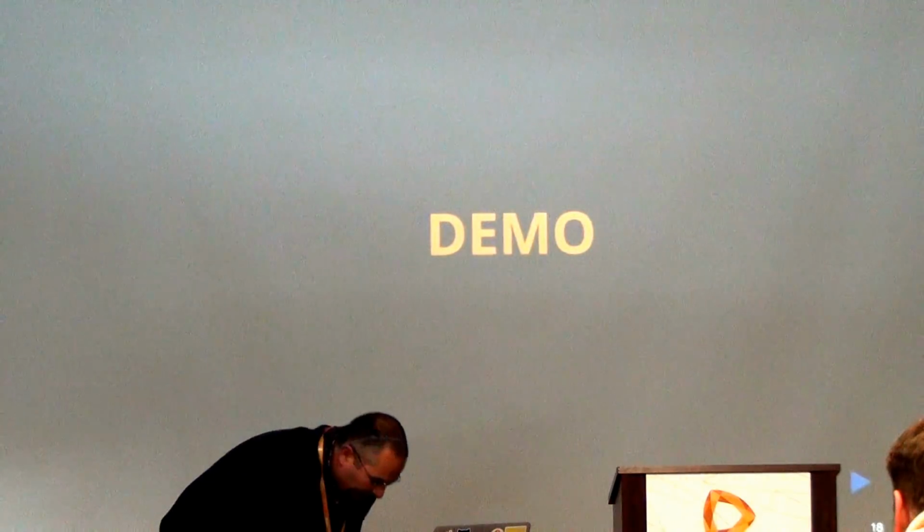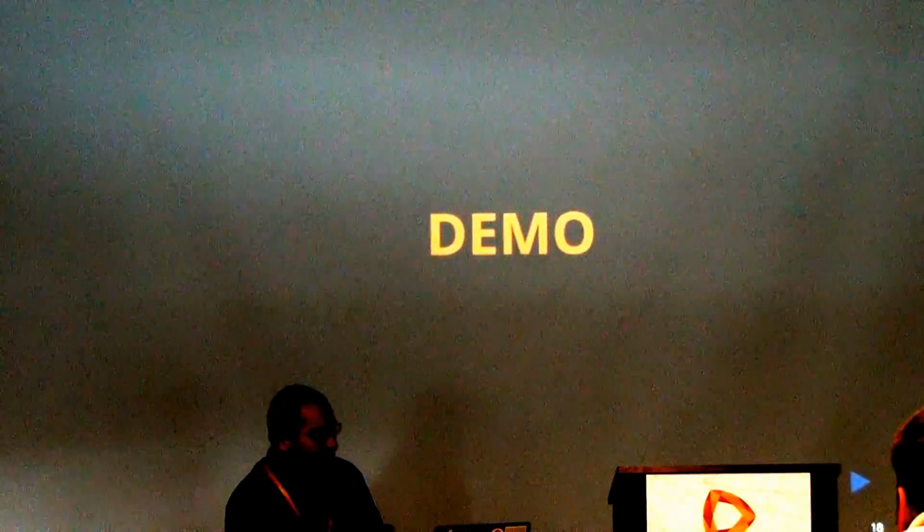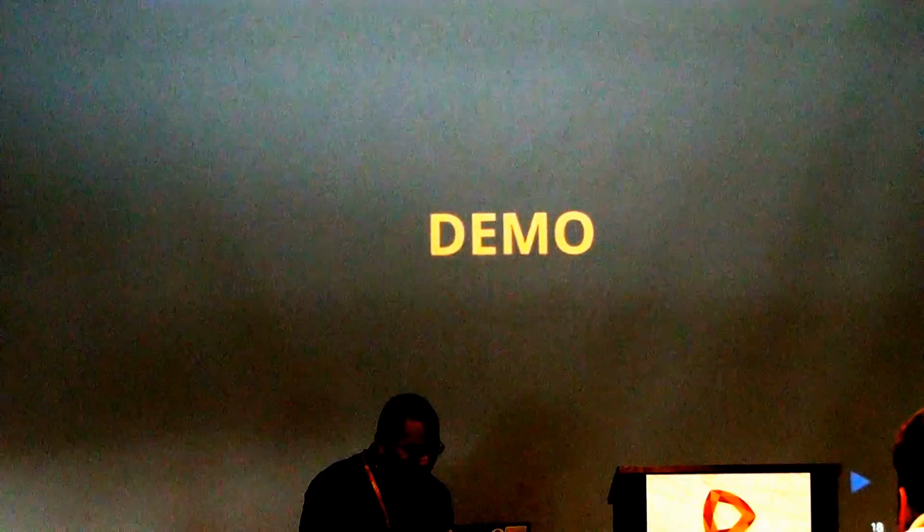Okay, let's do a little demo on that. For all the demos, I'm going to use Hacker News, the Y Combinator site. So I'm going to bring that one up.